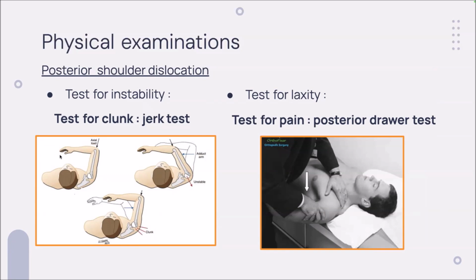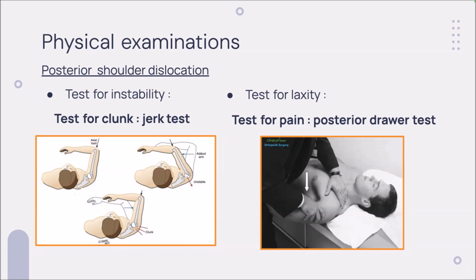You know, instability test and laxity test, is that the same? I don't think so, no. Instability test always produces pain, right? Like the anterior apprehension, this is for anterior, that would produce pain, like the shoulder is getting out. The patient can feel like it's getting out. The jerk test is the posterior instability test, that would produce pain. But the laxity test is like you do a drawer, like an anterior drawer, posterior drawer, but the shoulder also has a drawer test, but it does not produce pain.